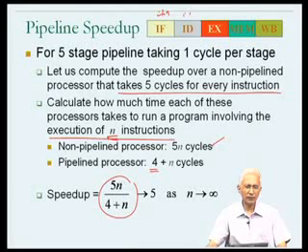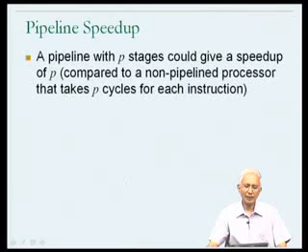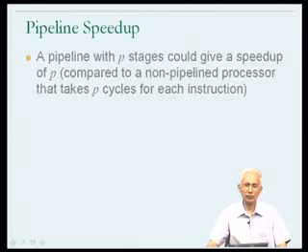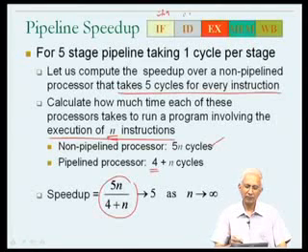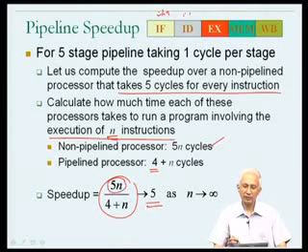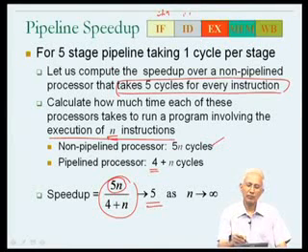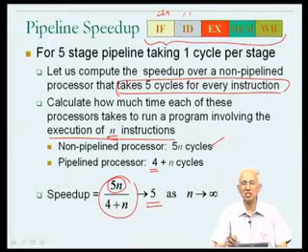Now this is interesting because, if you look carefully at the derivation, the 5 in this result is coming from the number of cycles it takes for every instruction to execute on the non-pipelined implementation, which was actually coming from the number of stages in the pipelined processor.